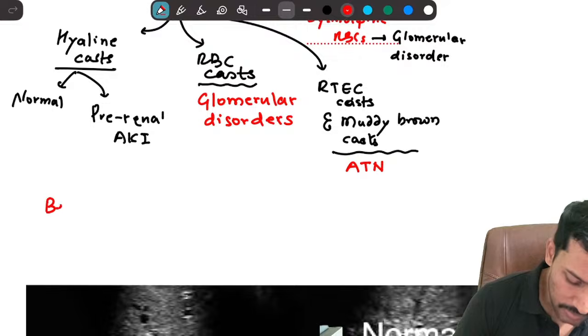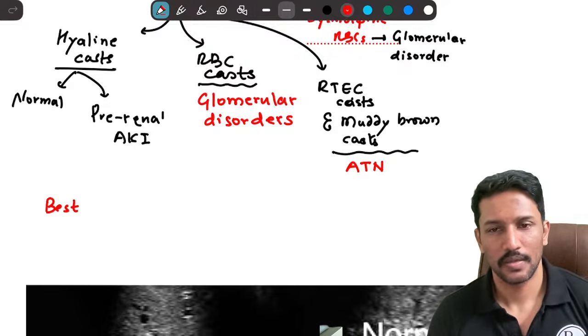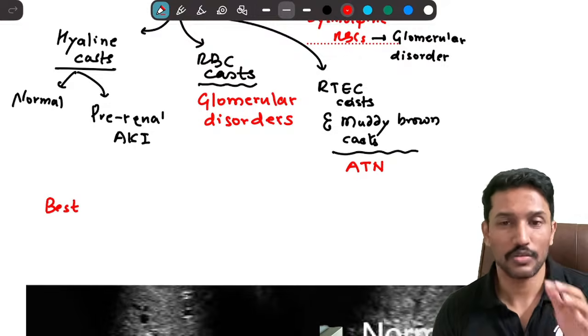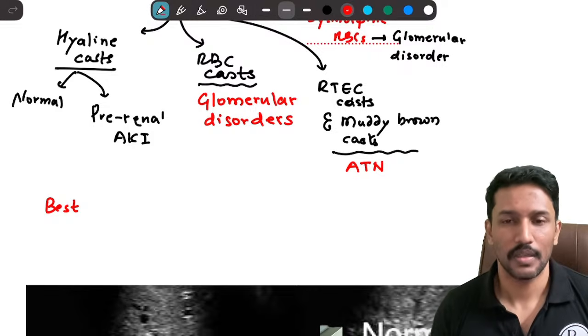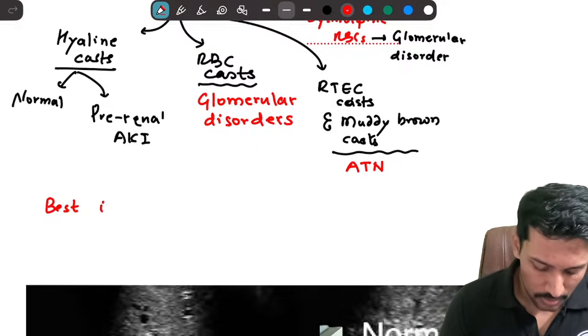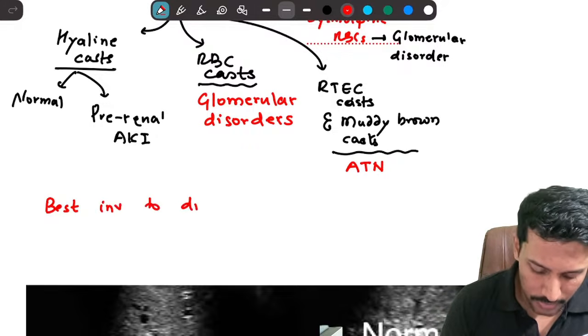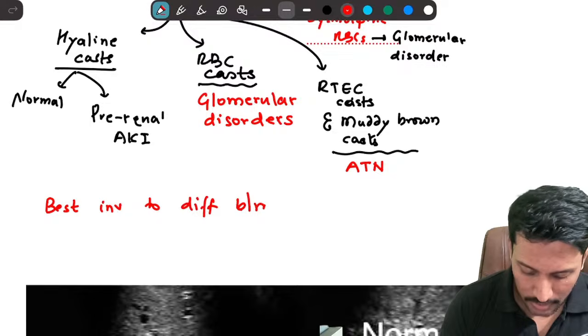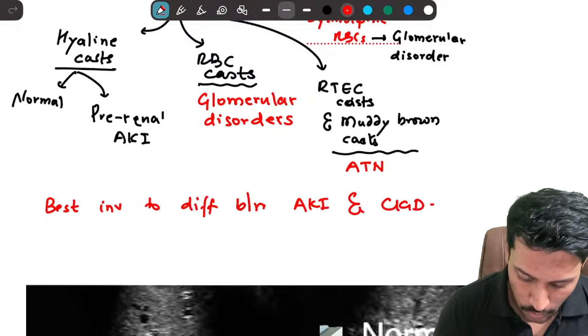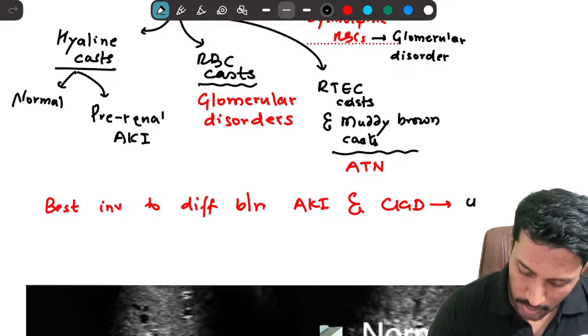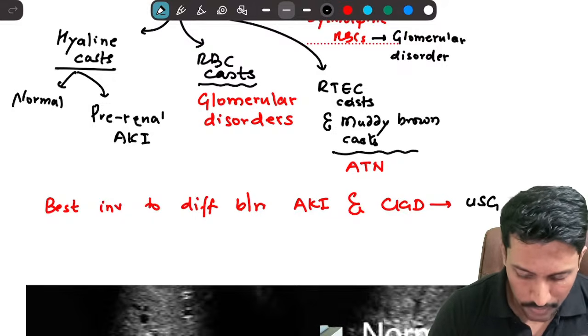Well, when the kidneys become chronically damaged, there will be fibrosis of the renal structures. The kidneys start shrinking in size. So the best investigation to differentiate between AKI and CKD is going to be USG of kidneys.